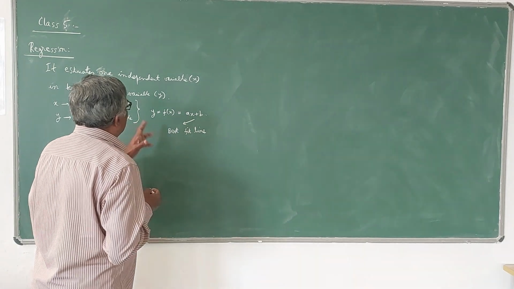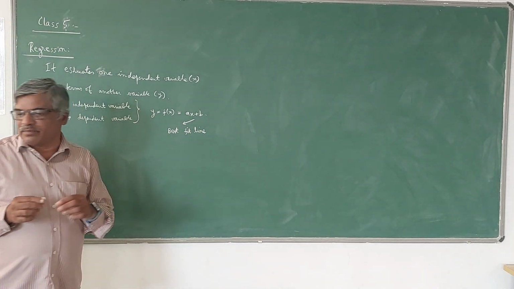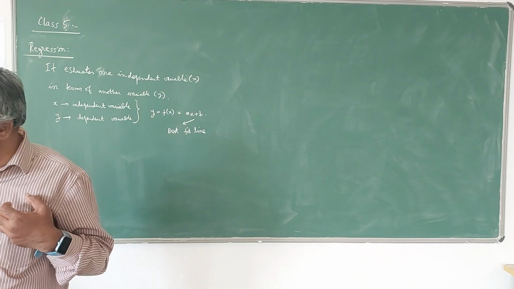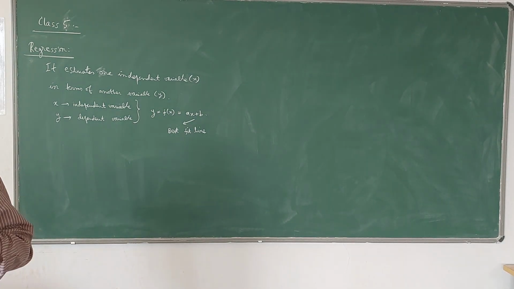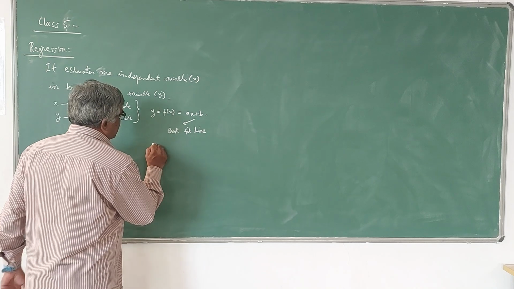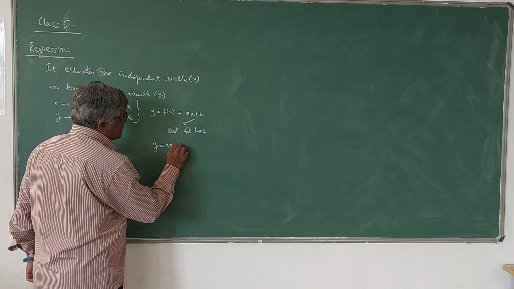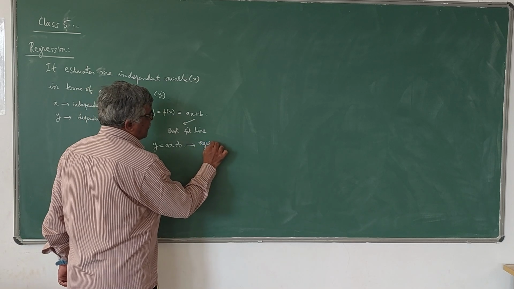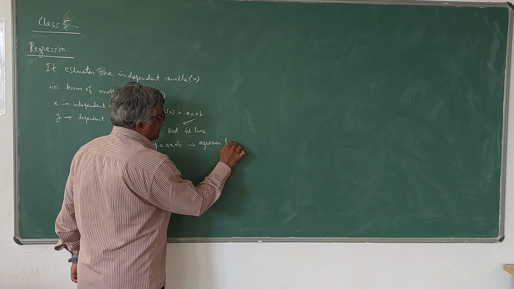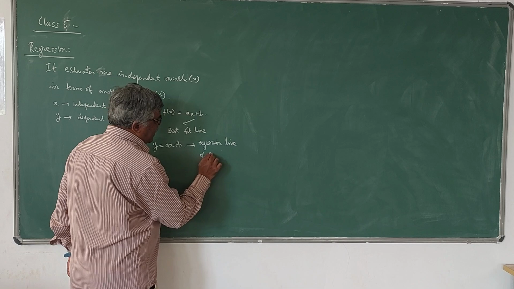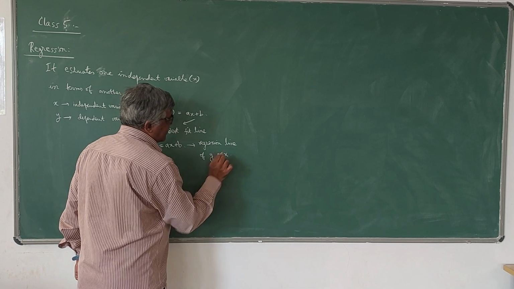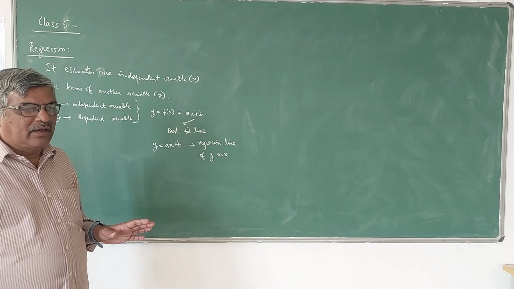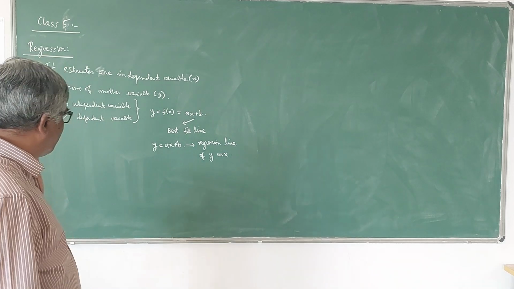So then we say that y is equal to ax plus b is a regression line of y on x. That means by knowing the values of x you can find out the values of y.